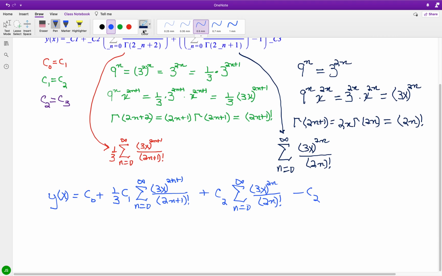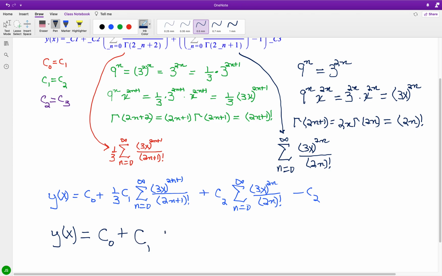And if I take what I have and put it all together, with c naught minus c2, the difference between constants is still going to be a constant. And 1/3 of a constant is still going to be a constant, so I'll just rewrite this.